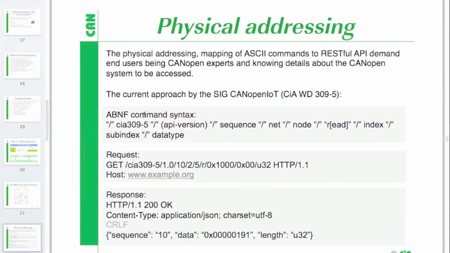Another thing is actually IoT stuff. We have physical and logical addressing.